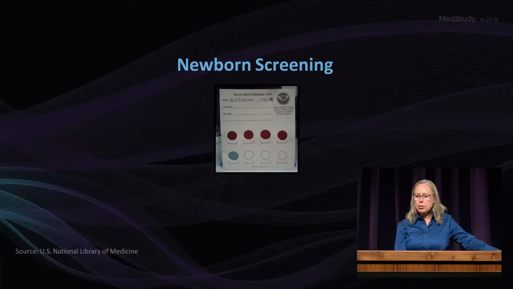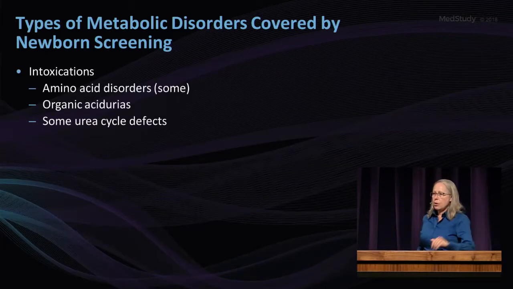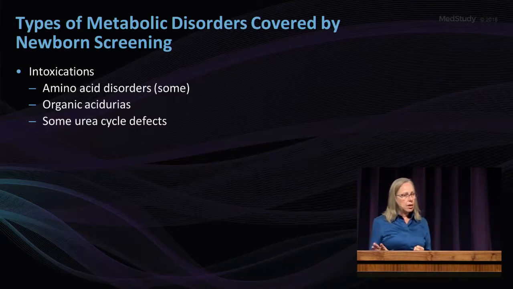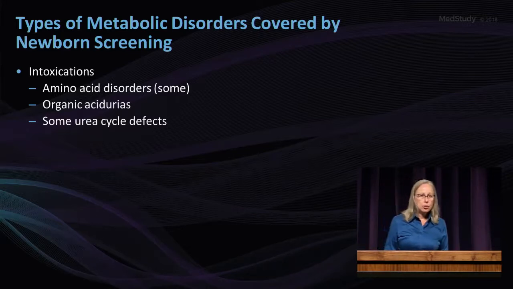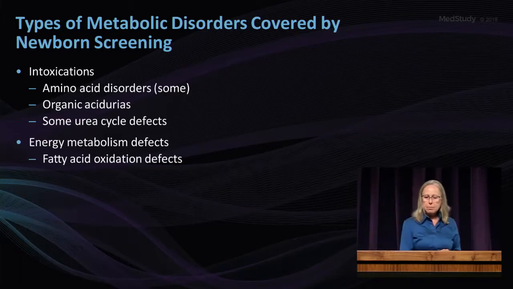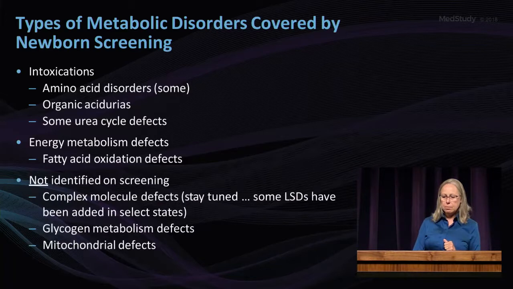All right, we're down to newborn screening. What can we screen for on newborn screening? Intoxications, the amino acid disorders, some but not all, organic acidurias, and some of the urea cycle defects, because you're getting abnormalities in your amino acids. Energy metabolism defects, the fatty acid oxidation disorders, are perfect for this.